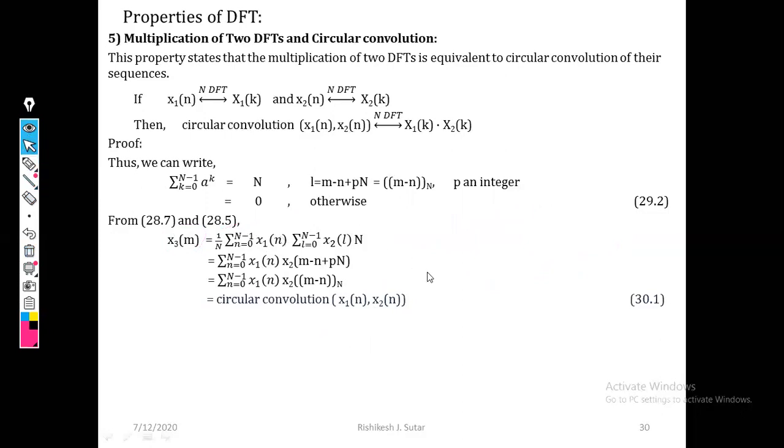So ultimately, we have proved that the circular convolution of x1 of n and x2 of n, its N-point DFT is x1 of k into x2 of k.